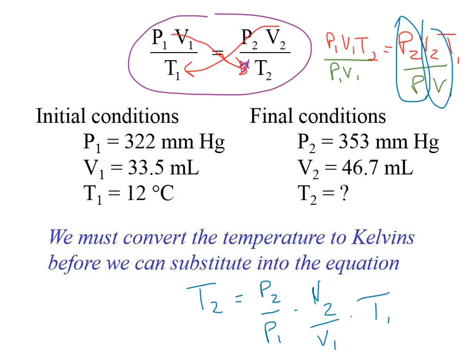All I did was break it out. You could have, in the numerator, gone P2 V2 T1 divided by, in the denominator, P1 V1 also. It's the same thing.